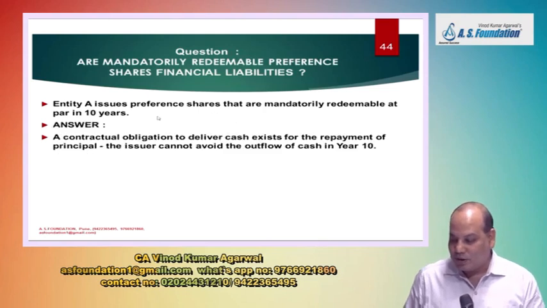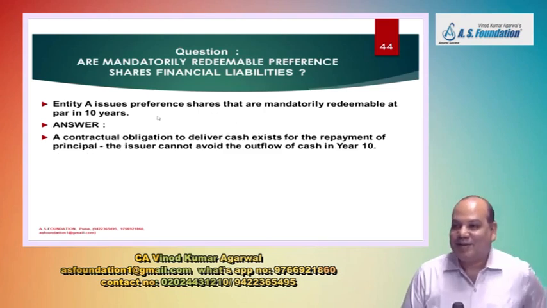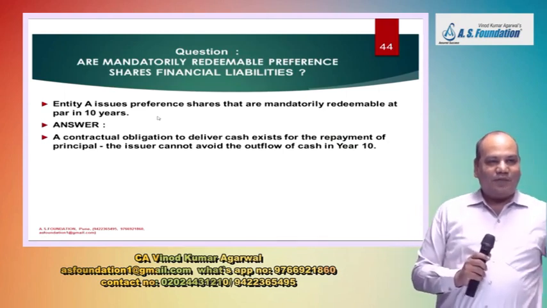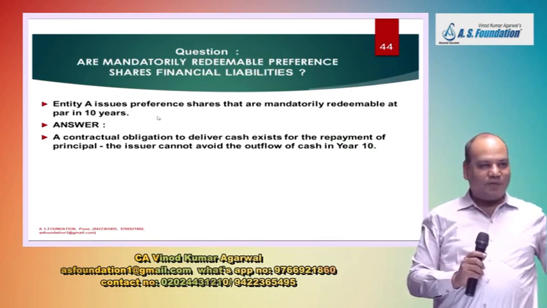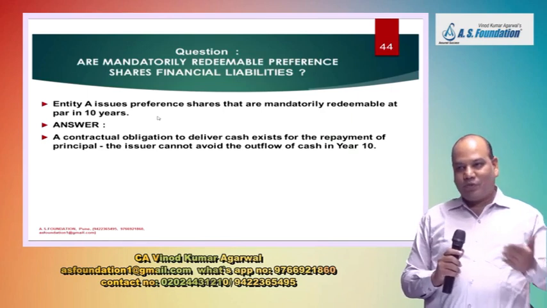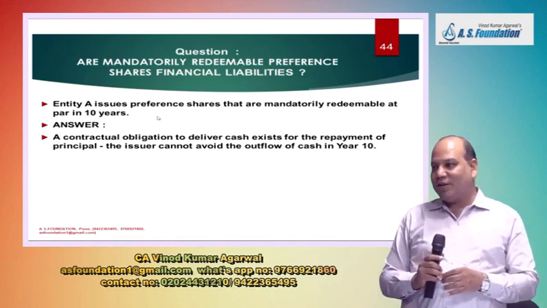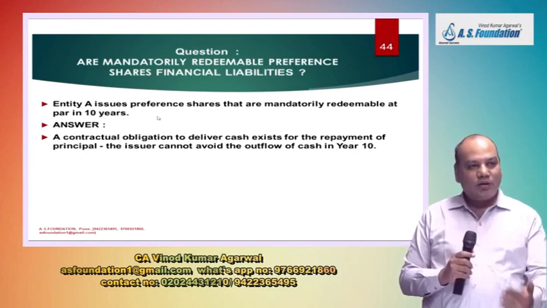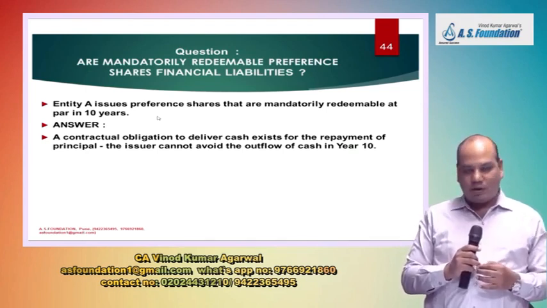Now, the answer is it is a liability, although you have been showing it in shareholders' funds, equity share capital, preference share capital, reserves and surplus for so many years. But now, if it is an Ind AS company or a company following IFRS, then this will come as a liability, a financial liability.